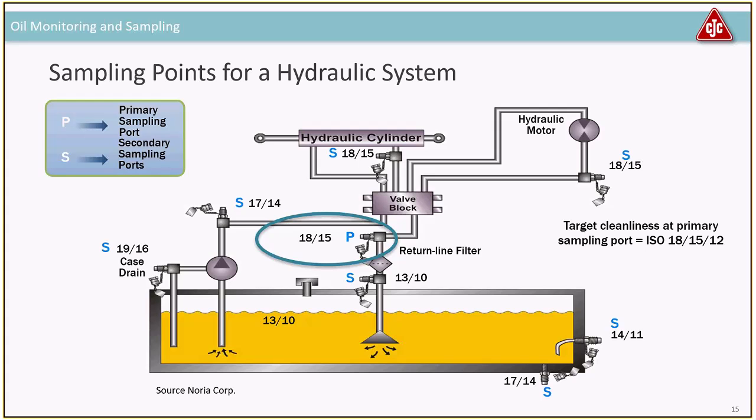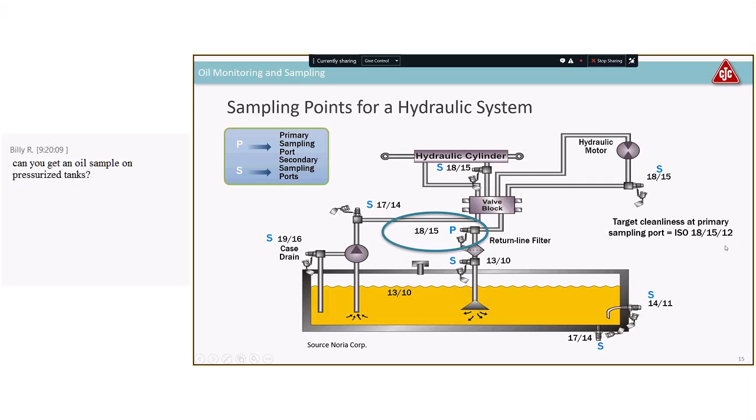You want to have a primary sample point just before the filtration, before the tank, and then maybe a sample point under each bearing or each cylinder, hydraulic motor. So if you see there's issues, you can go up and take a secondary sample and see which of these components are actually faulty. Now in this case here, the primary target for this system was an ISO code 18/15/12.